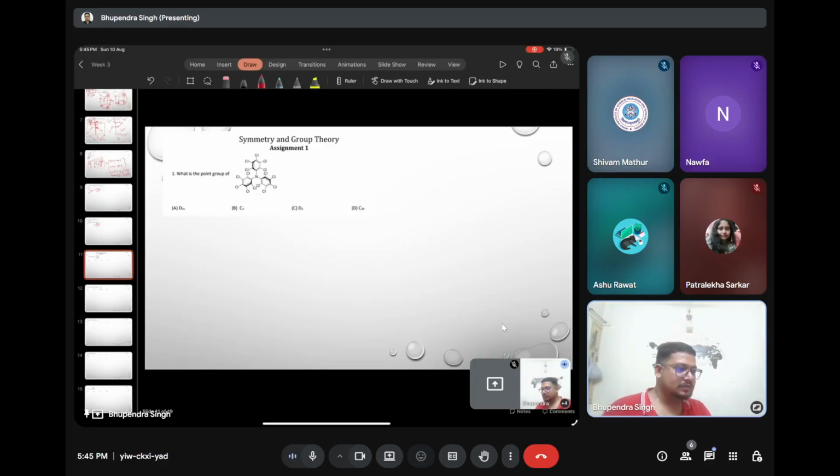Okay, this molecule. Okay, this is interesting. You guys need to tell me what is the point group of this.